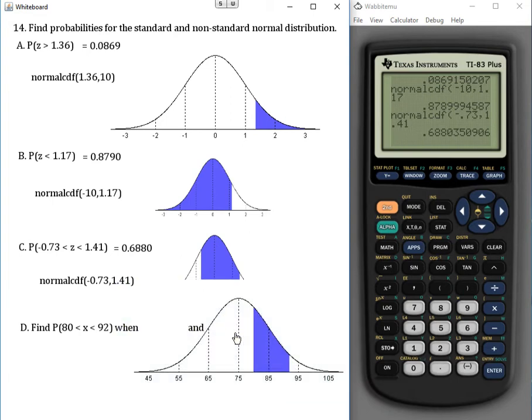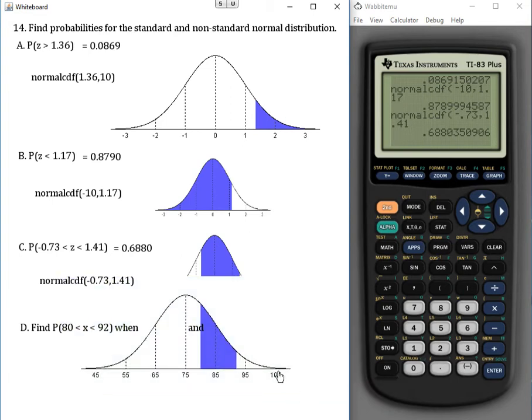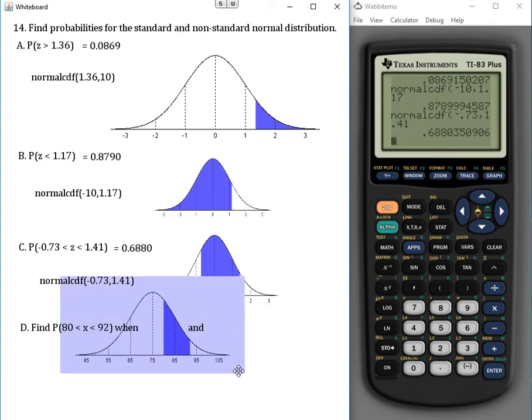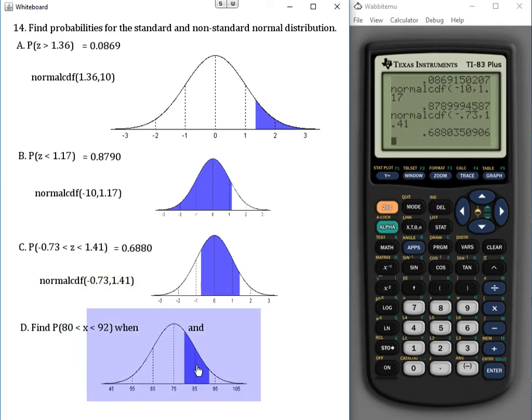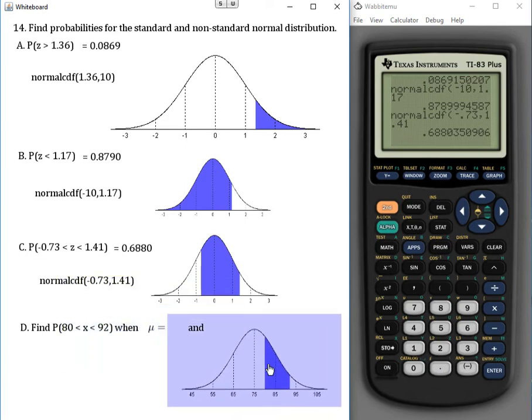Okay, here we are. Let me make this a little bit smaller so I can fit it on screen. So the distribution I have centered at 75, and I marked off in terms of multiples of 10 along the bottom axis.